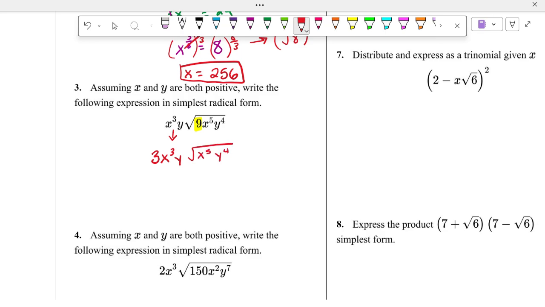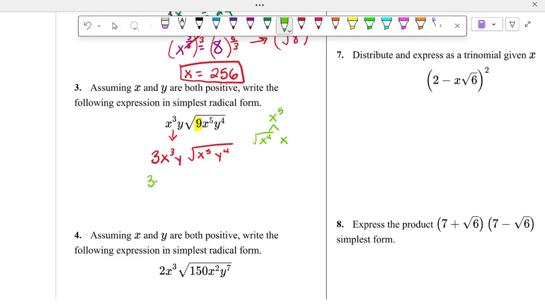All right. Now, x to the 5th. Remember, you want the closest multiple of 2 and then whatever's left over. So what's the closest multiple of 2? x to the 4th, which leaves me x left over. If I take the square root of x to the 4th, that is x squared.